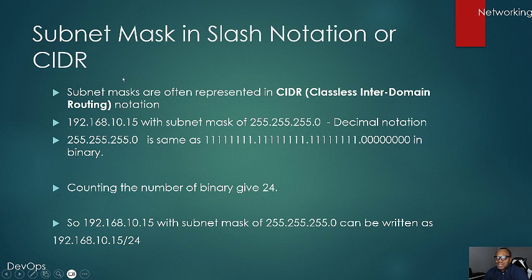And subnet masks are often represented in CIDR in classless inter-domain routing. If you have a situation where you have 255.255.255.0, you know that the binary of this subnet mask is 1111, ones like this, and where these ones end, that's the number of bits that you'll be using from the beginning to where the ones end.